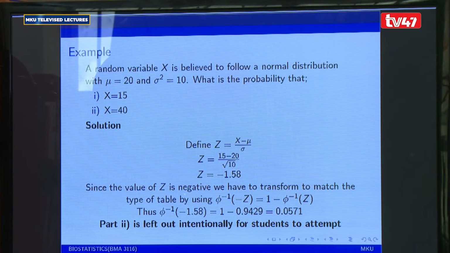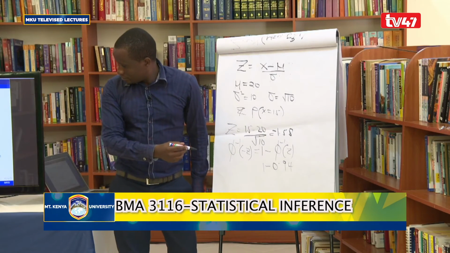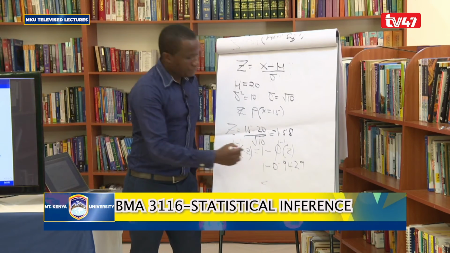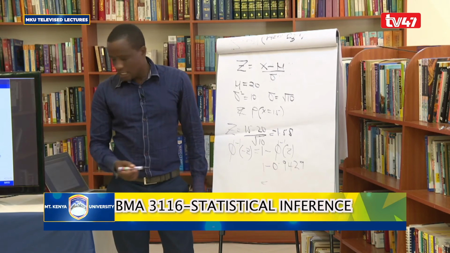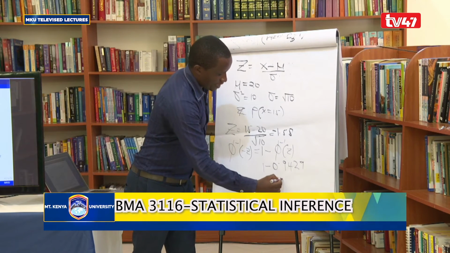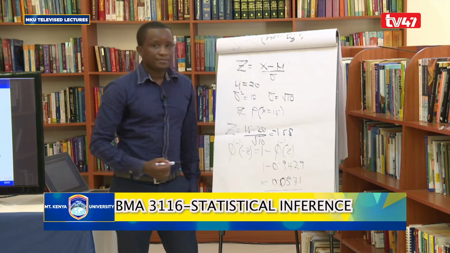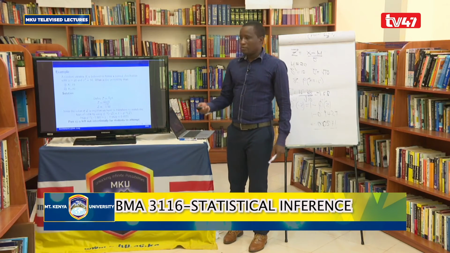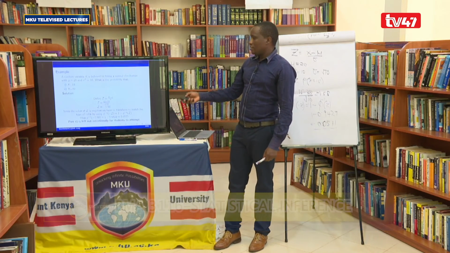So, we have 1 minus 0.9429. So, the correct probability that the value of x will be 15 is 0.0571. So, that's how you obtain corresponding probabilities of x using the standard normal distribution, and maybe the other part is left for attempting.